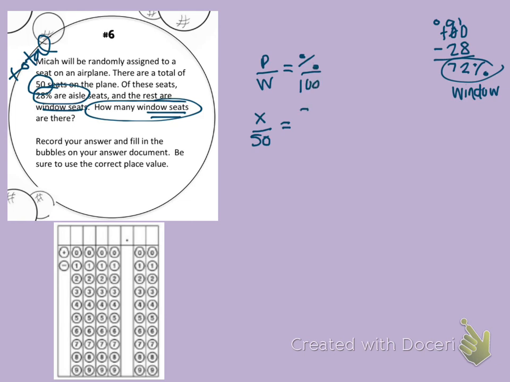So it is 72 over 100. Okay, so when we cross multiply, 100x equals 72 times 50. Okay, so you're going to finish multiplying all that out and then bubble in your problems.